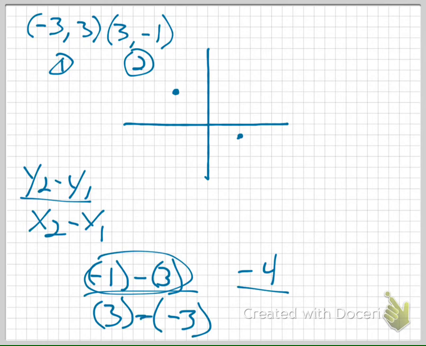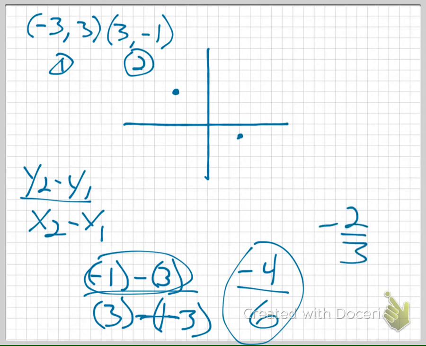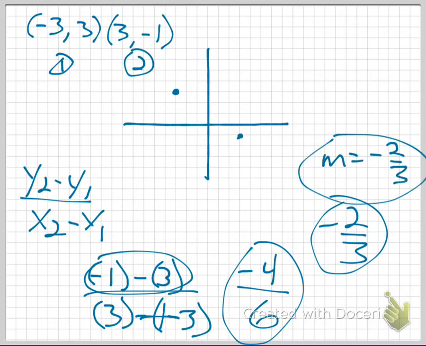What is 3 plus 3? 6. So what is the slope? -2/3. M equals -2/3. We know that. So that means it's down 2 over 3. Down 2 over 3. Isn't that the exact point that it crosses the y? Yeah, right?